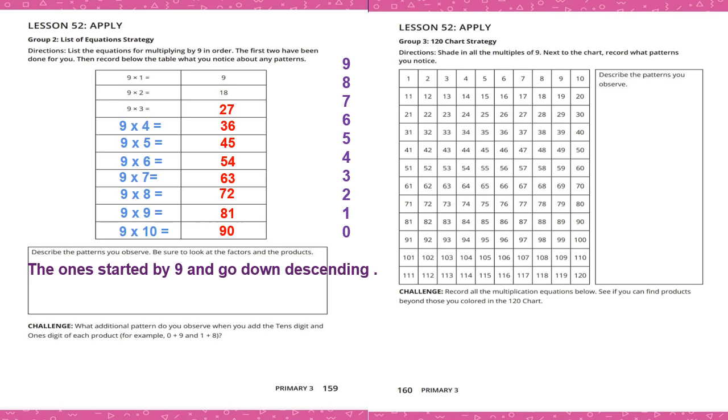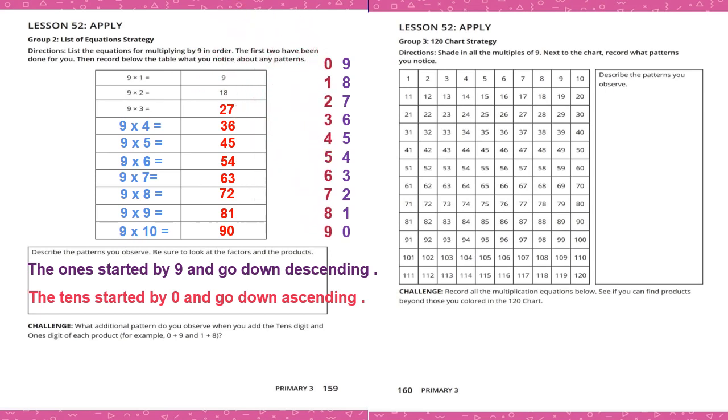Like this, you can write the numbers from 0 to 9, from down to up, and also write on the other side the numbers from 0 to 9, from up to down. Here we have the results of table 9.